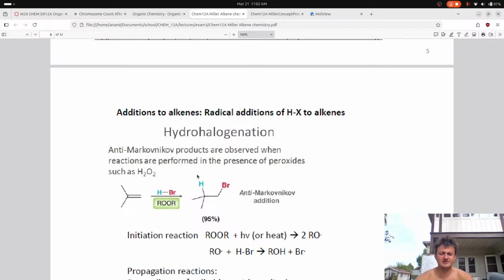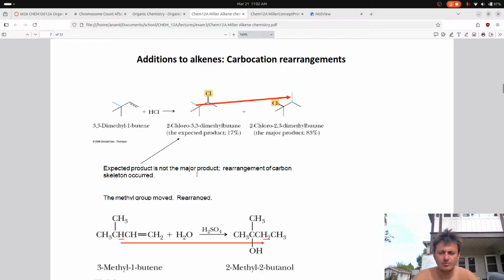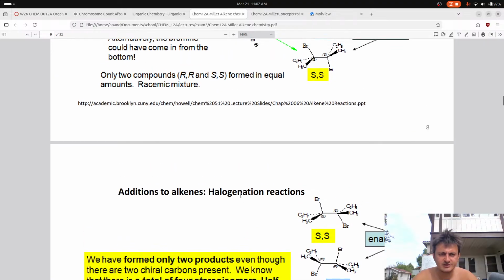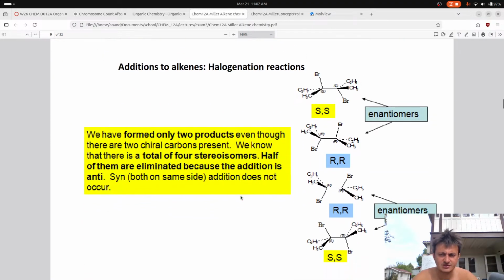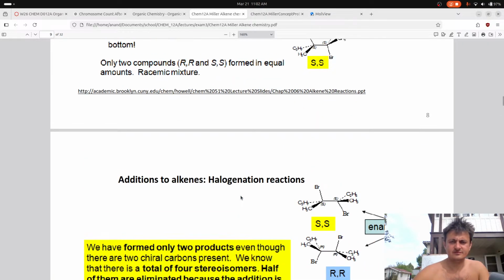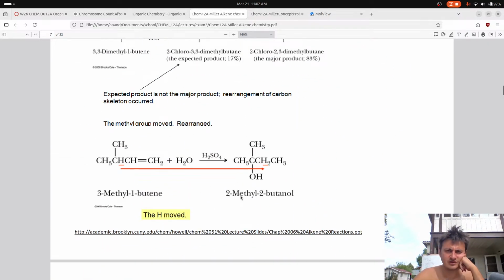I actually don't understand that. Oh, because even in the halogenation case, it's still going to be a racemic mixture. So it's still going to be optically inactive. Okay, fair enough.